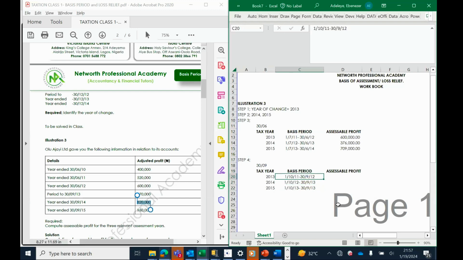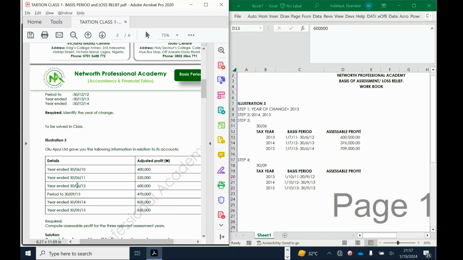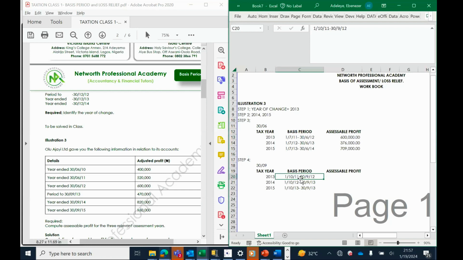Now we have to be able to figure out the profits. Under the old rule, in the first year, the profit was straightforward because the accounting date had not changed then. But here we are using the new accounting dates, so we must figure this out from our table. For this 2013, under our new accounting date, the business period started 1st of October 2011 to 30th September 2012.